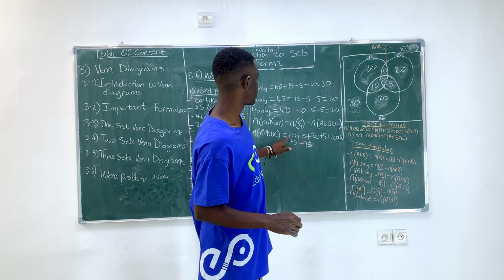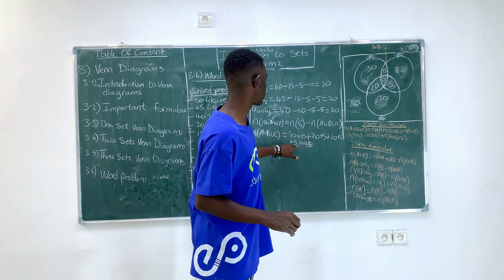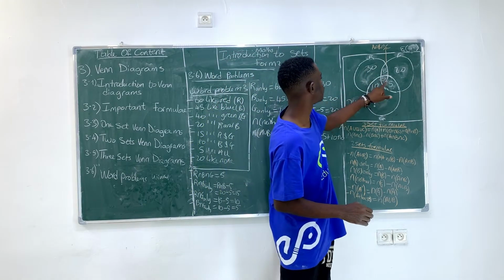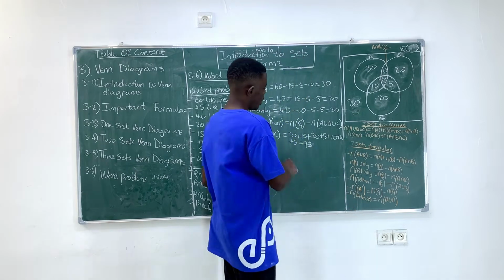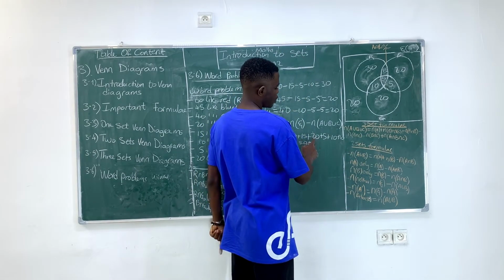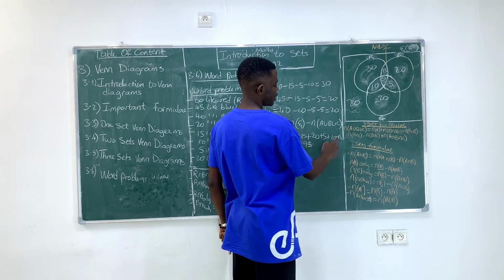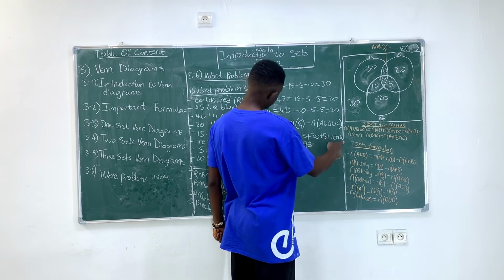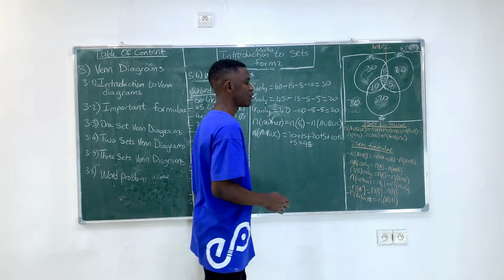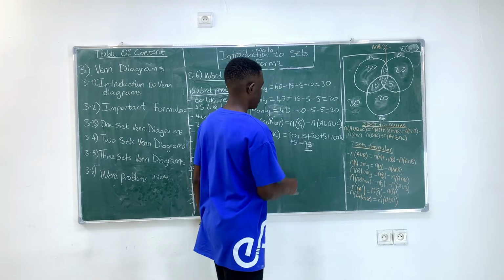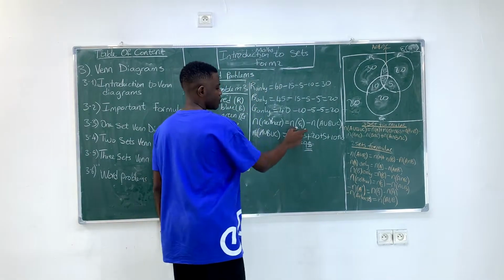There are 1, 2, 3, 4, 5, 6, 7 regions. 30 plus 15, 45 plus 20, 65 plus 5, 70 plus 10, 80 plus 10, 90 plus 5. Now I'm looking for this.